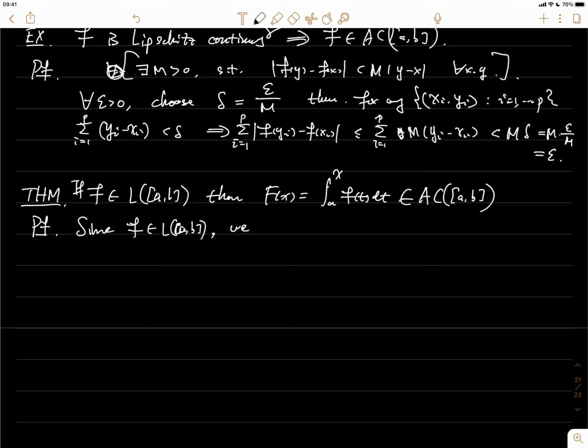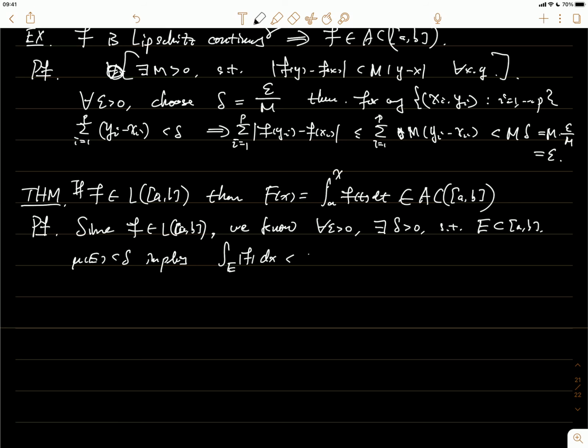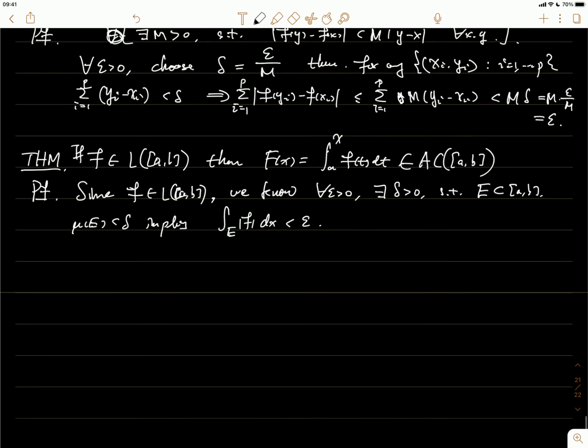We know that for any epsilon greater than 0, there exists delta such that for any E a subset of [a, b] with the measure of E less than delta, the integral of |f| over E is less than epsilon. Right? That's the property about continuity of integrals.